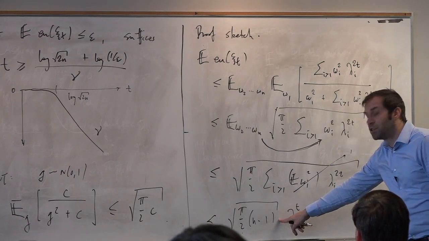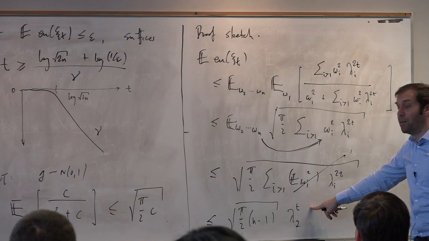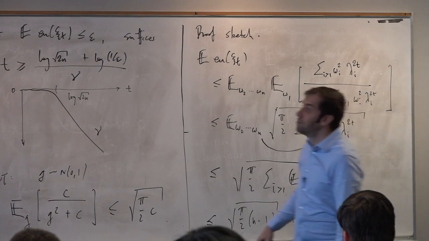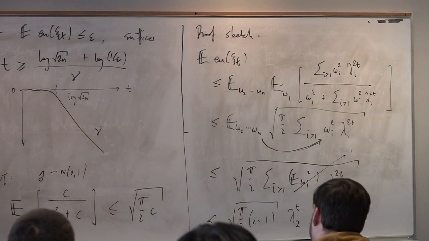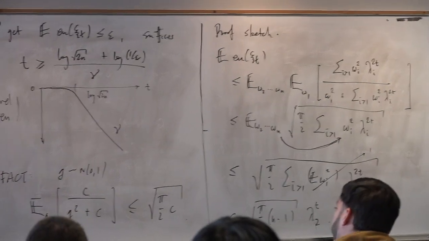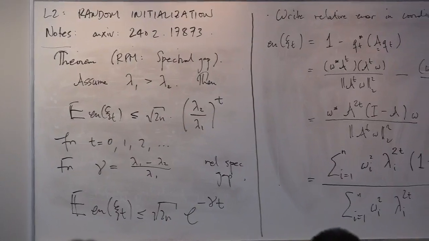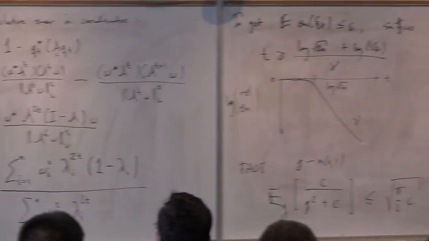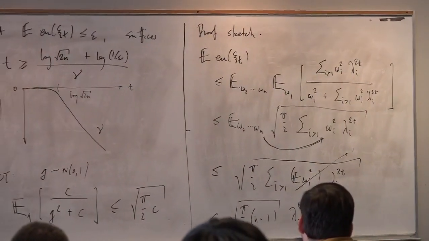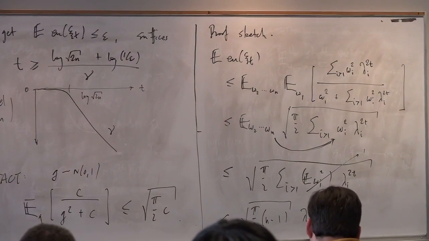And then this is smaller than root 2n, and because lambda 1 was equal to 1, I can just stick it back in here because this whole thing is scale invariant. So that's a proof of this theorem about the convergence of the random power method with a spectral gap.